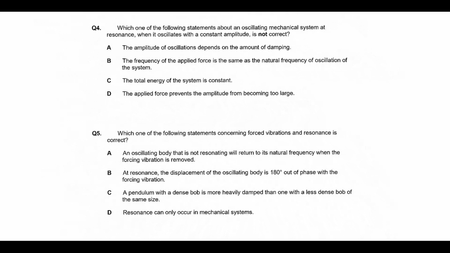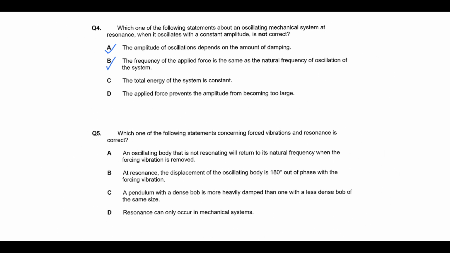This statement is true, so that's not the wrong one. The frequency of the applied force is the same as the natural frequency of oscillation of the system. It's at resonance, so yes, absolutely, that's true.